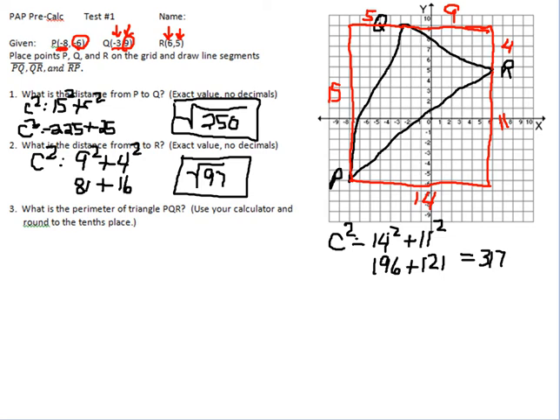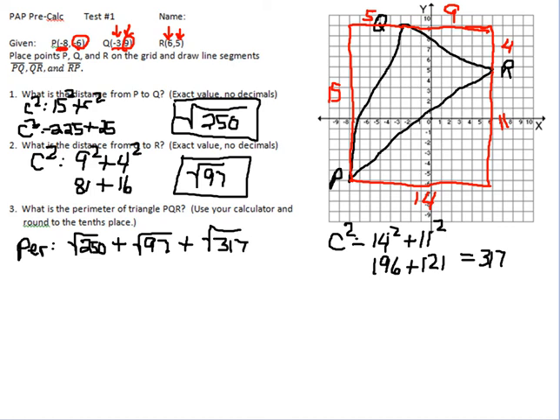So the perimeter. It's going to be the root of 250 for the first edge, plus the root of 97, plus that last one, this one here, which would be the square root of 317.